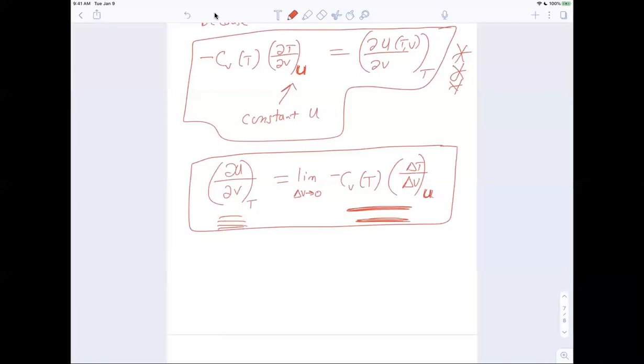So what we've done is connect this rather abstract, esoteric partial derivative, partial of U with respect to volume at constant temperature, to something that is experimentally accessible and measurable. So dU/dV at constant T becomes this limiting value of the product of CV over T times delta T over delta V at constant U. And that constant U is the Joule free expansion experiment.